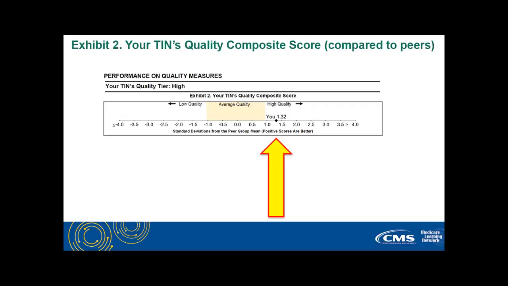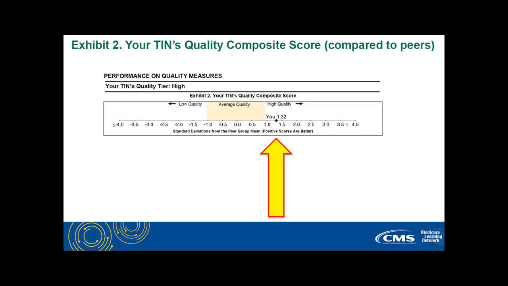So how does CMS arrive at these values? Again, walking through this particular example, in the QRUR report, in the second exhibit, it will walk through the methodology in a fairly straightforward fashion.